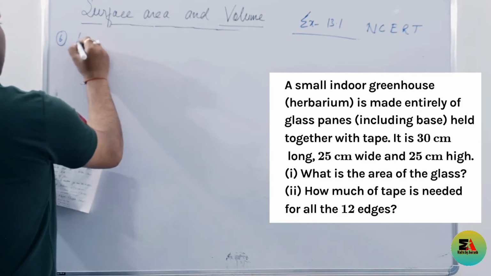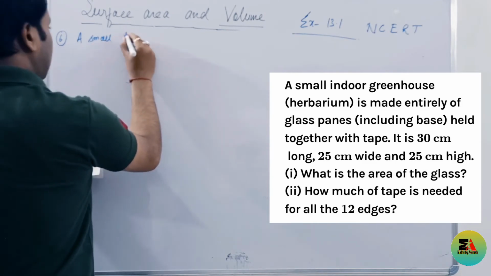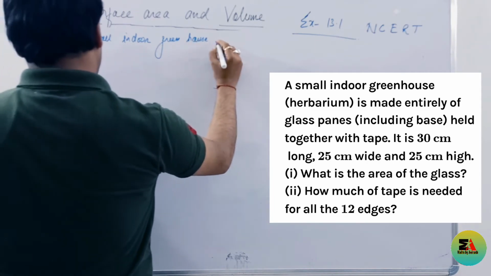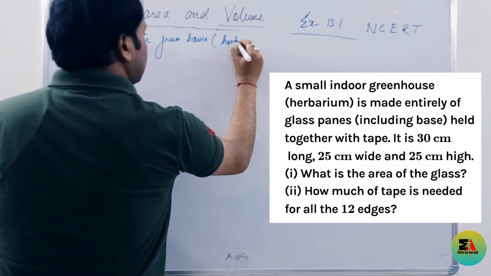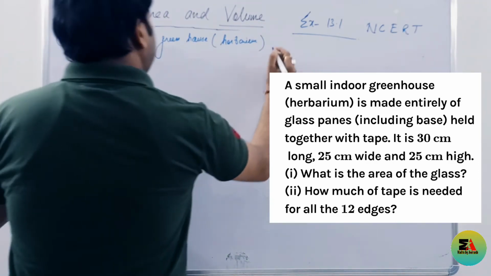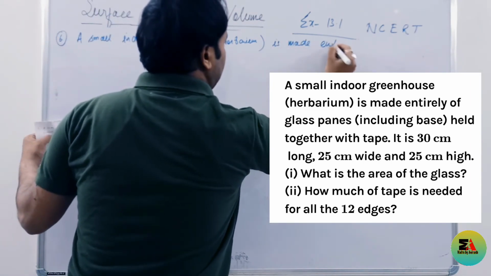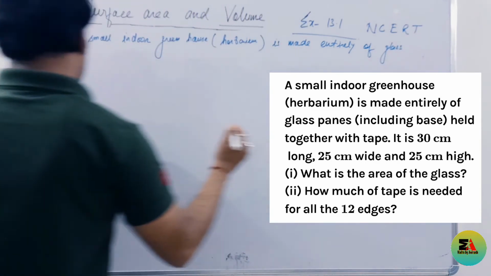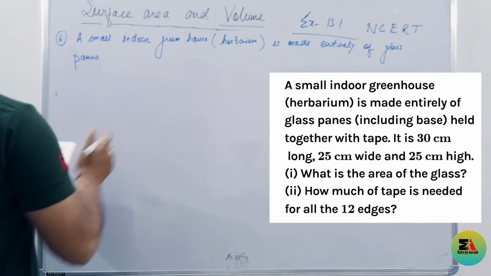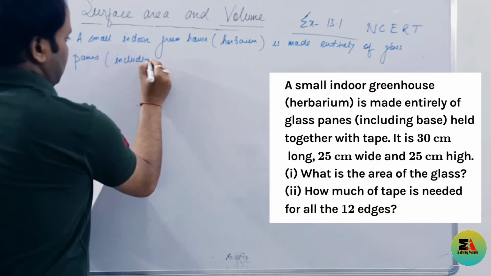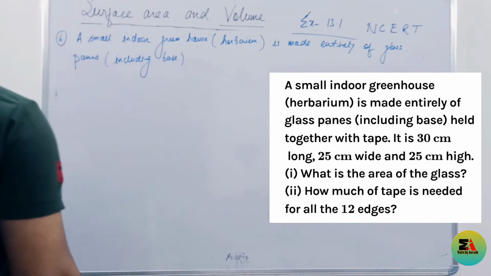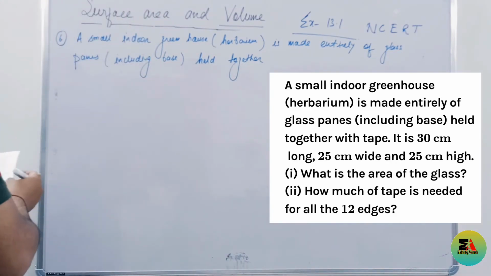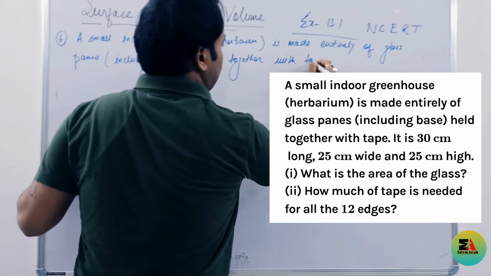The question said: a small indoor greenhouse, herbarium, is made entirely of glass panes, including its base, held together with tape.